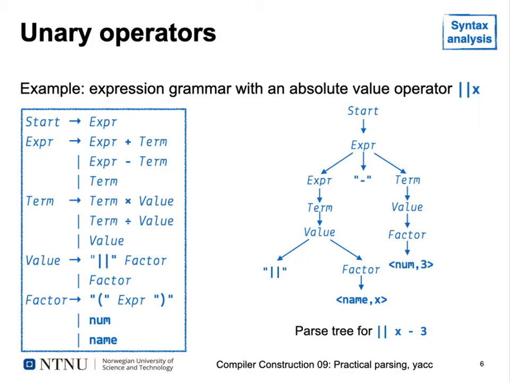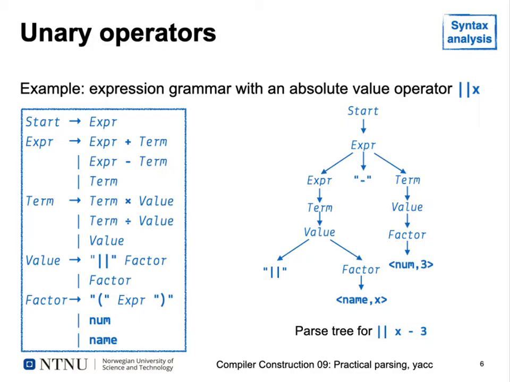This expression grammar not only has the usual arithmetic operations like plus, minus, multiplication, and division, it also has brackets to group expressions together, so to define an order of evaluation, and it has something new: the absolute value operator. We just write it as 2 pipe symbols or 2 vertical bars. Usually you'd write the absolute value operator in mathematics around the variable name. We did it using these 2 bars together to make parsing a bit simpler here.